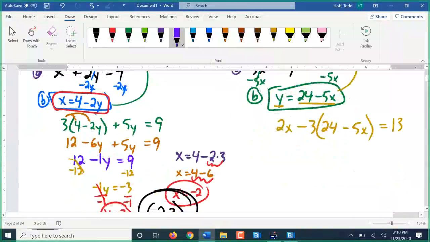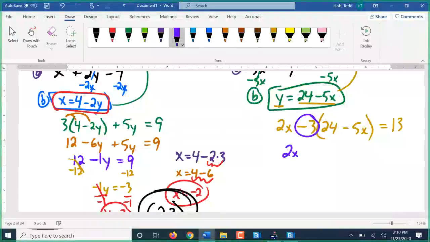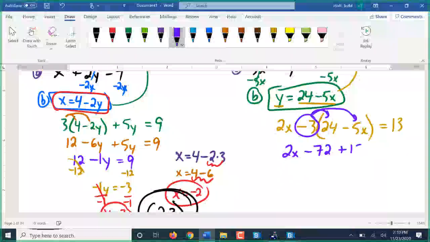And now from here, we have to multiply by the negative 3, so the 2x isn't going to change. It's still there. Negative 3 times 24 is a negative 72. Negative 3 times negative 5, well, negative times a negative is a positive 15x.